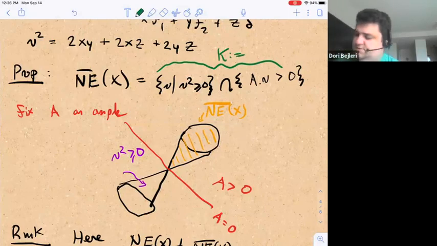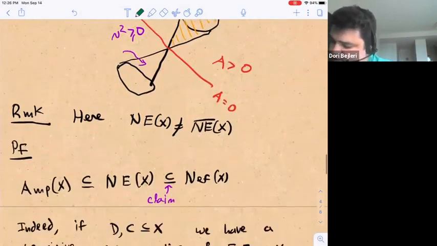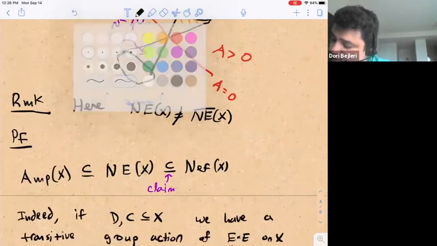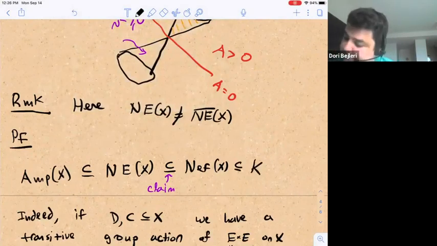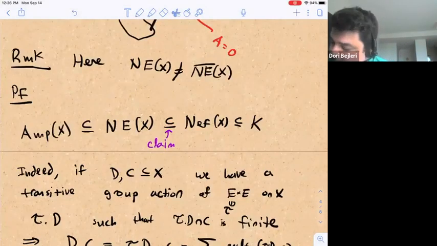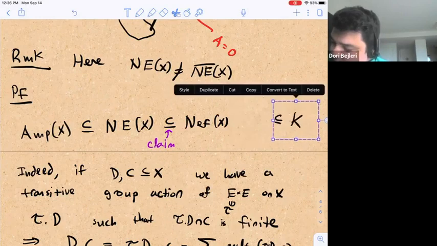Well, any Nef divisor, by definition, has to satisfy that v squared is greater than or equal to 0. So we also have the final inclusion that the Nef cone is also contained in K. Actually, let me give one more containment.